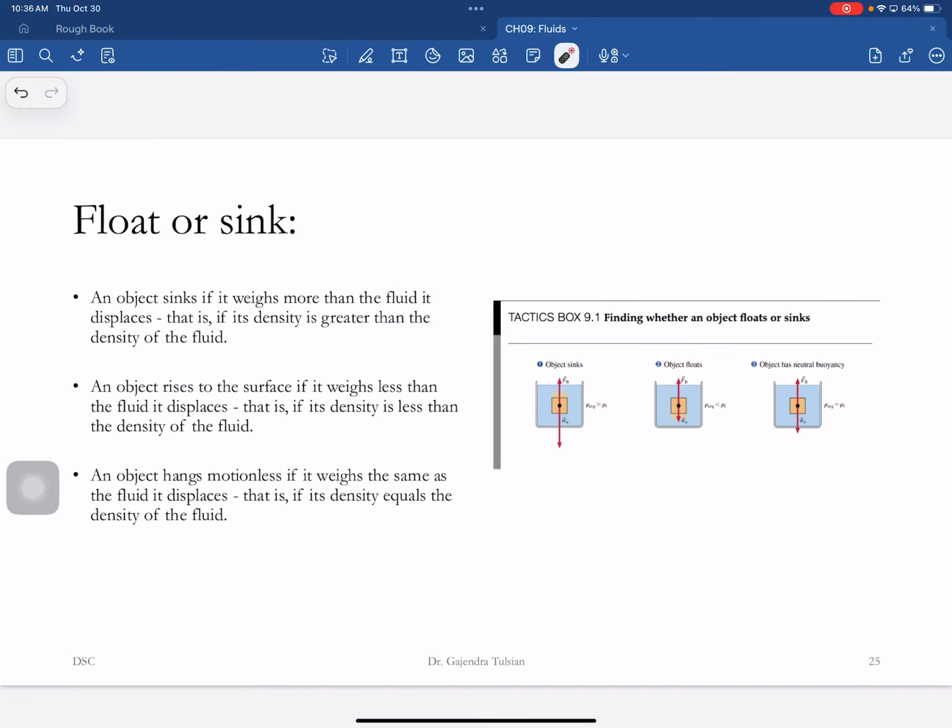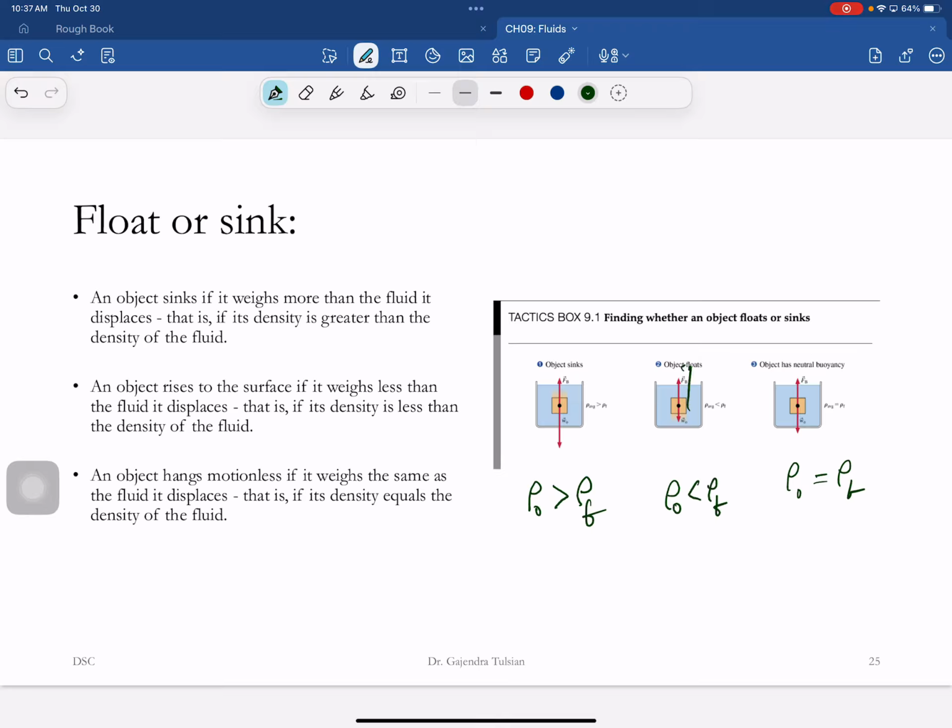I've changed this diagram in the new notes, but the question is what will float and what will sink? For an object to sink, the object's density has to be greater than the density of the fluid. If the object's density is equal to the density of the fluid, it will hover. It will neither sink nor come up. And if the object's density is less than the density of the fluid, it will float.